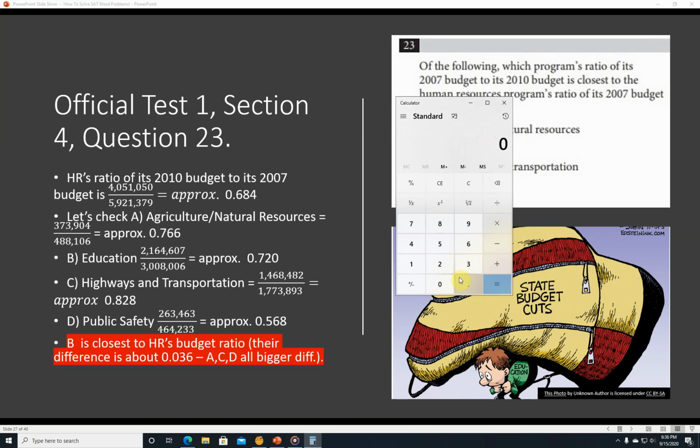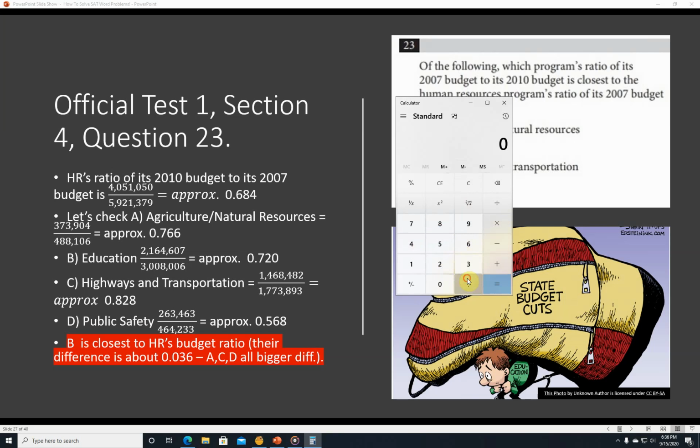You can go 0.766 minus 0.684. That's 0.082. And then the other one is 0.828 minus 0.684, which is 0.144.